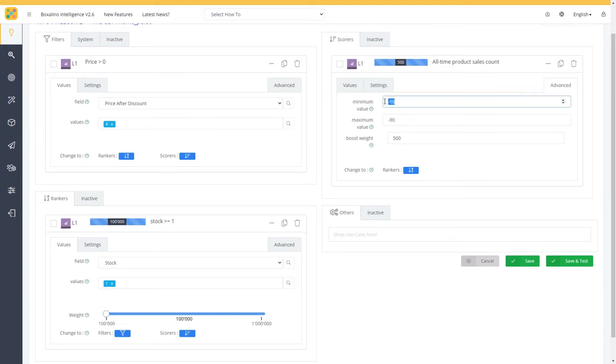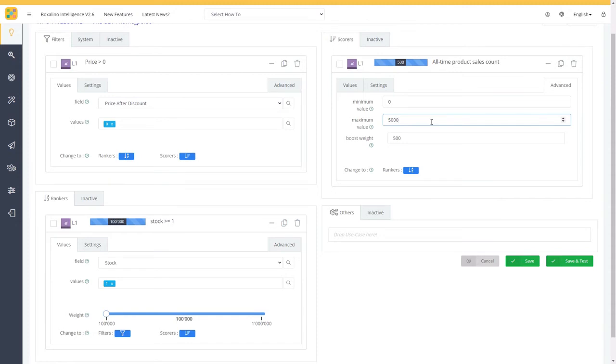So for instance, if I would put here 0 and 5,000, that would mean that any product which has been sold never would get 0. Any product which have been sold 5,000 times or more will get the full 500 points.